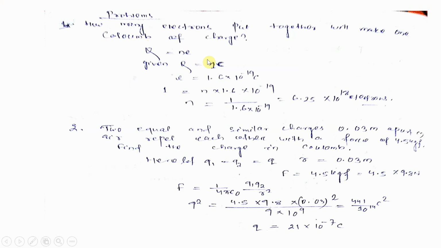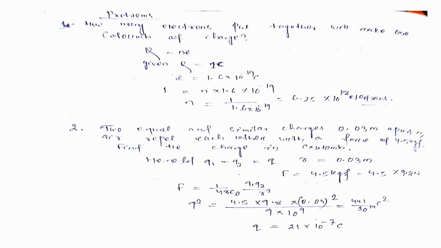I have already told, to construct charge electrons are needed, and from the quantization principle Q equal to Ne. This is the quantization principle. N is the number of electrons, and here Q equal to 1 coulomb is given, and we know the charge on the electron e equal to 1.6 into 10 to the power minus 19 coulomb.